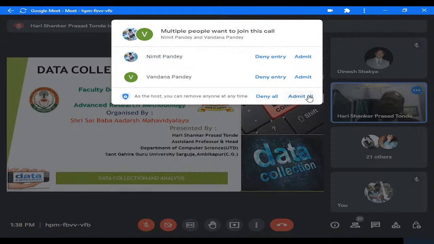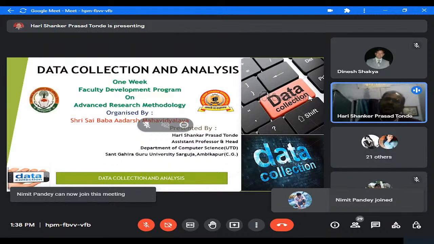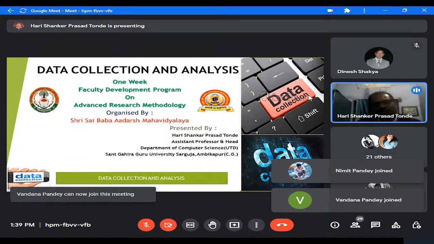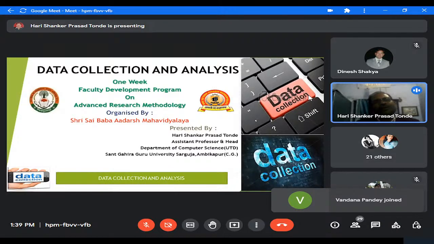Means when you have identified the research problem and we have already laid out some hypotheses and found out some objectives and questions regarding the research problem, now the key question comes for the data collection and data analysis of the research.